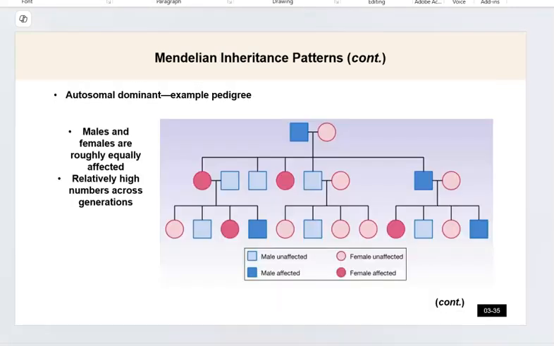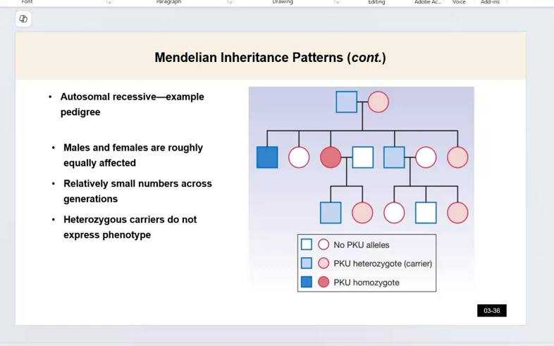This here is roughly what we just saw in the osmosis video. It talks about autosomal dominant. Males and females are roughly equally affected. Then we have autosomal recessive. The heterozygous carriers do not express the phenotype.